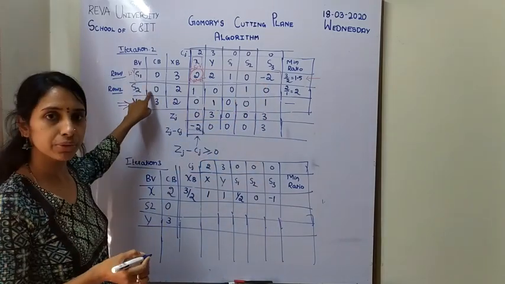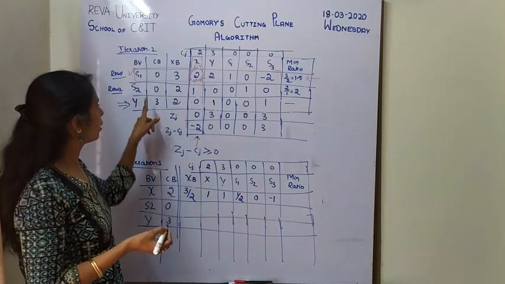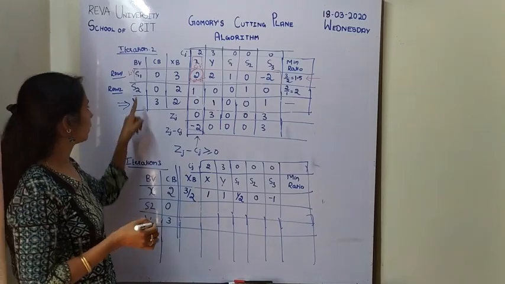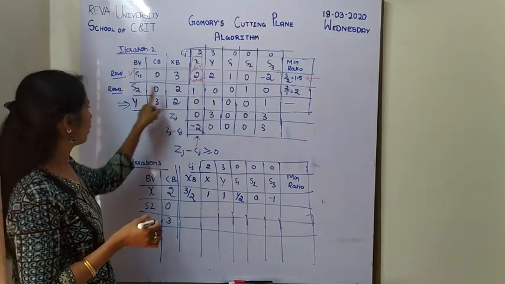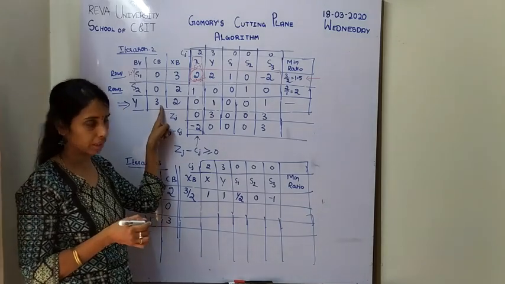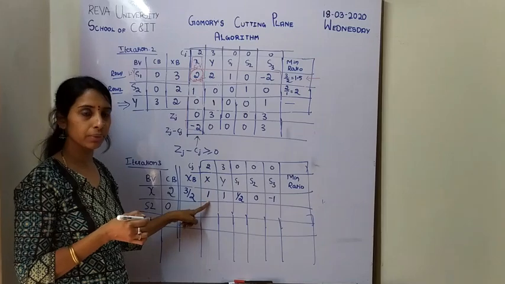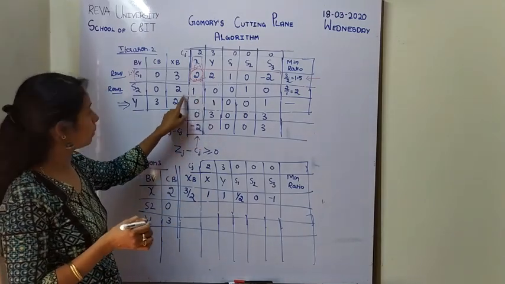How will you fill these two rows? Again apply the same formula: old value minus new value into value in the entering column. Similarly you apply the formula to the second one also. Old value minus new value into value in the entering column will be 0 here.